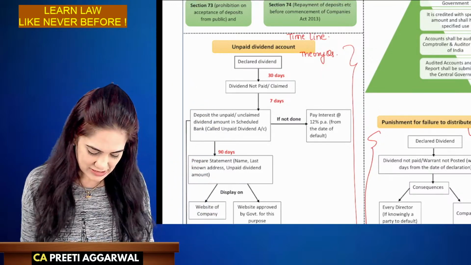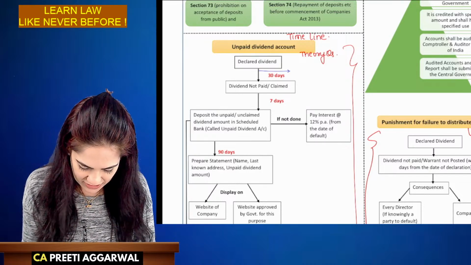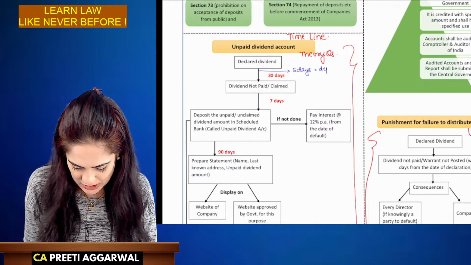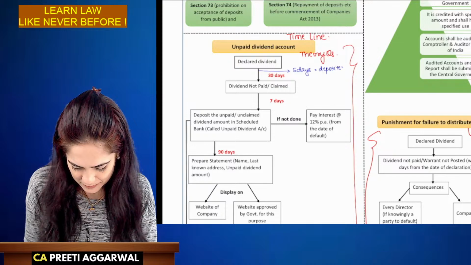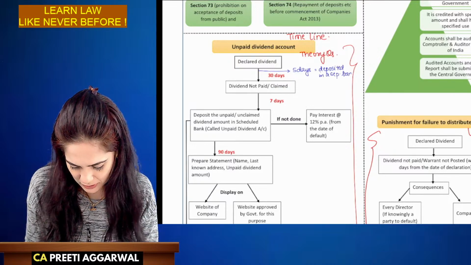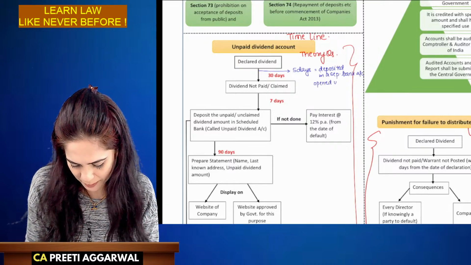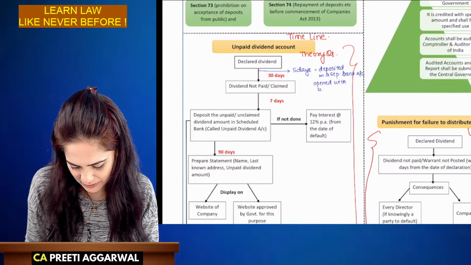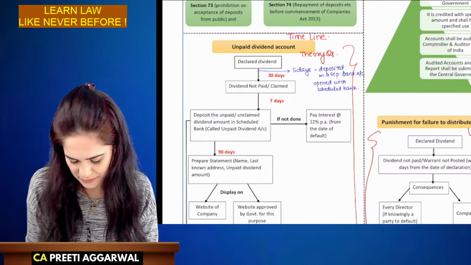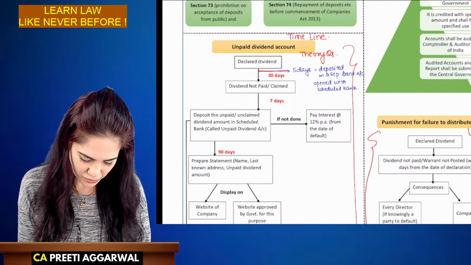But the law says that as soon as the dividend is declared, within 5 days it has to be deposited in a separate bank account opened with a scheduled bank. So you can add this in the timeline: within 5 days you need to deposit.